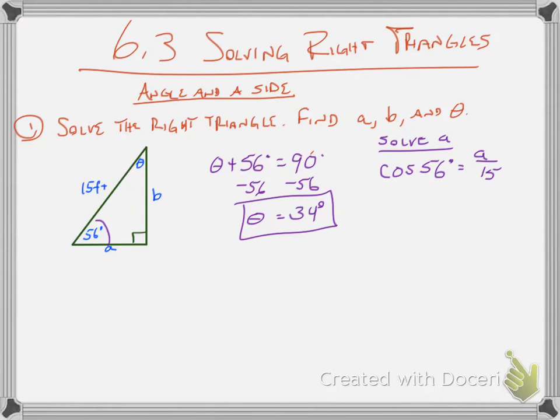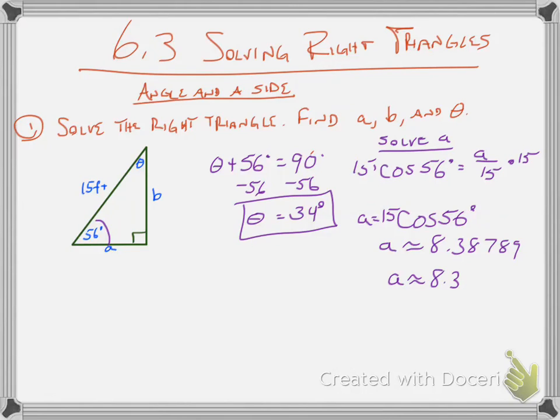To solve for A, I multiply both sides by 15. A is equal to 15 times cosine of 56, which is approximately 8.38789. I'm going to round to the hundredths place, so A is approximately 8.39.